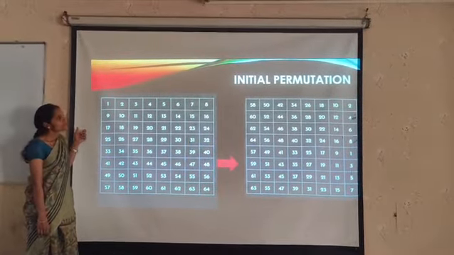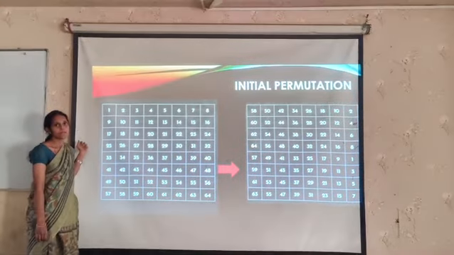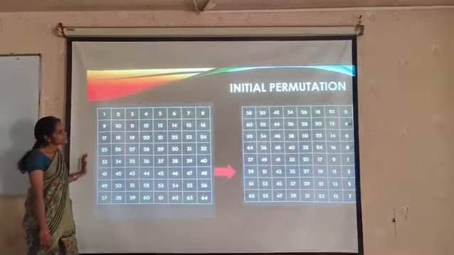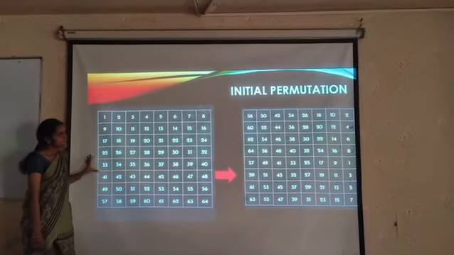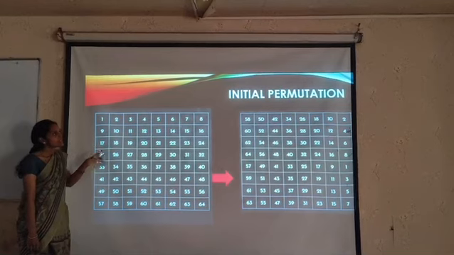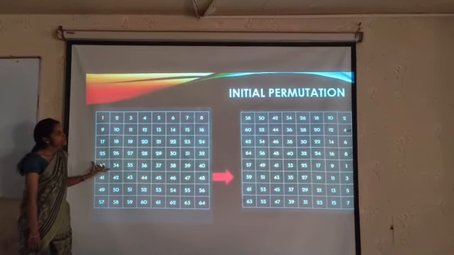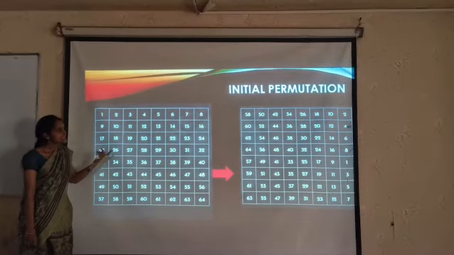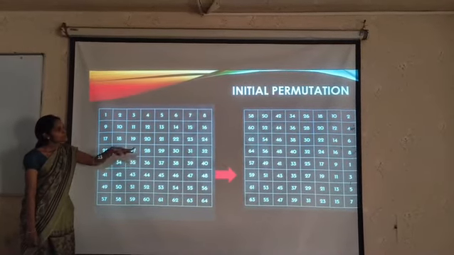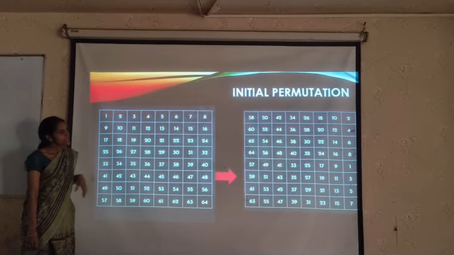Okay, let's see what will happen in initial permutation. Let's consider our plain text. 64 bits will be arranged like this, and if this plain text is given to initial permutation function, that will generate bits like this. The position of the bits will change like that.